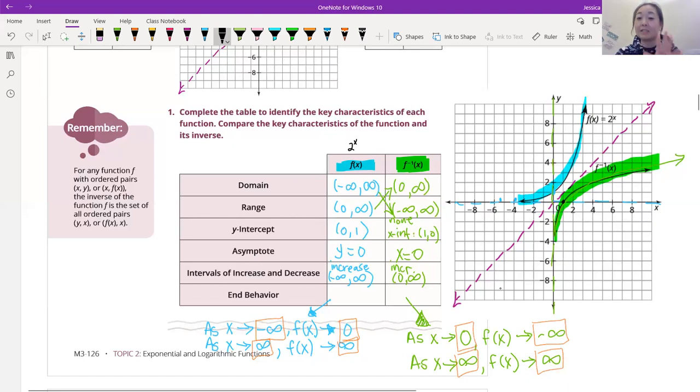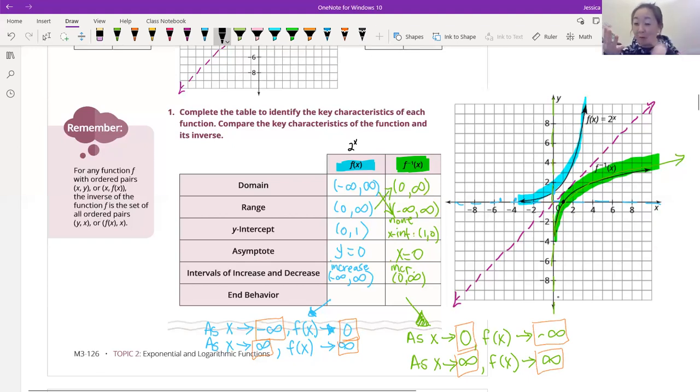As x gets closer and closer to 0, 0.000001, what is f of x doing? Well, it's going down. It's getting closer and closer to negative infinity. There we go. And now as x approaches positive infinity, what is y doing? It's also going up, so it's going to approach positive infinity.